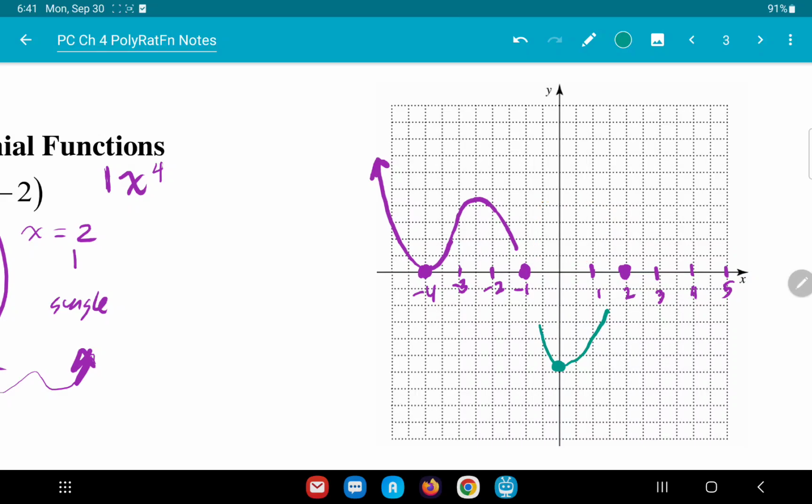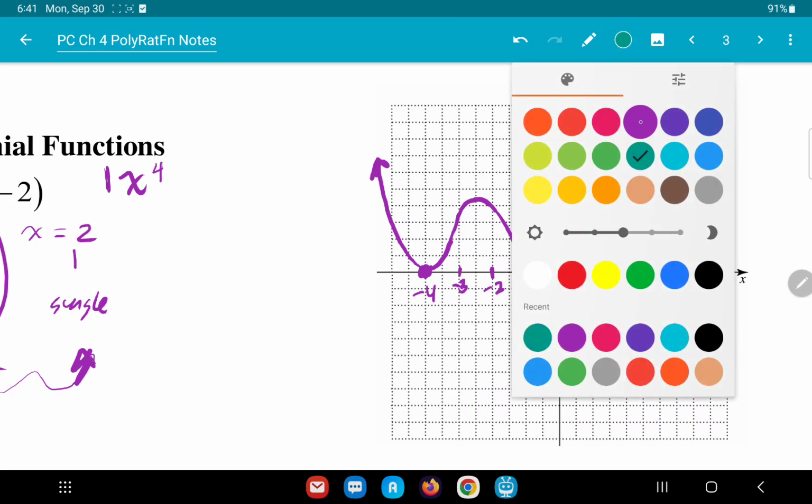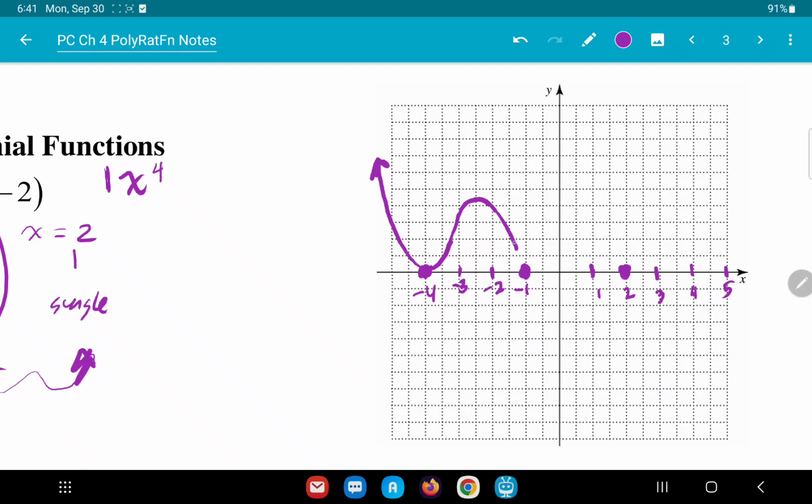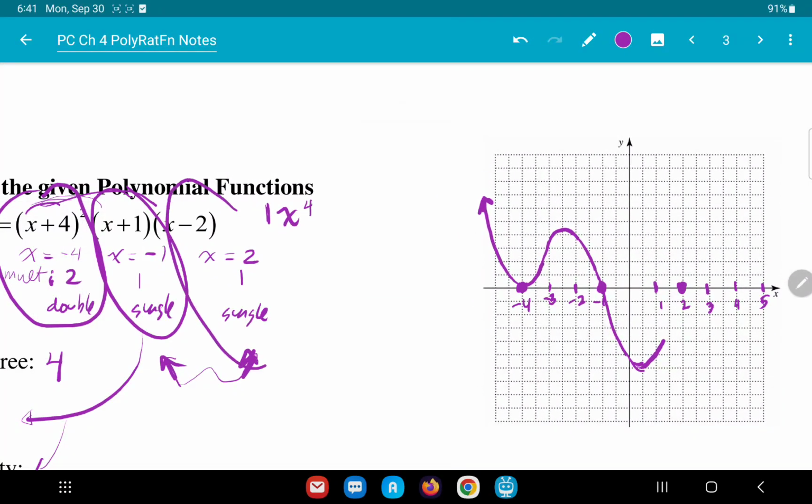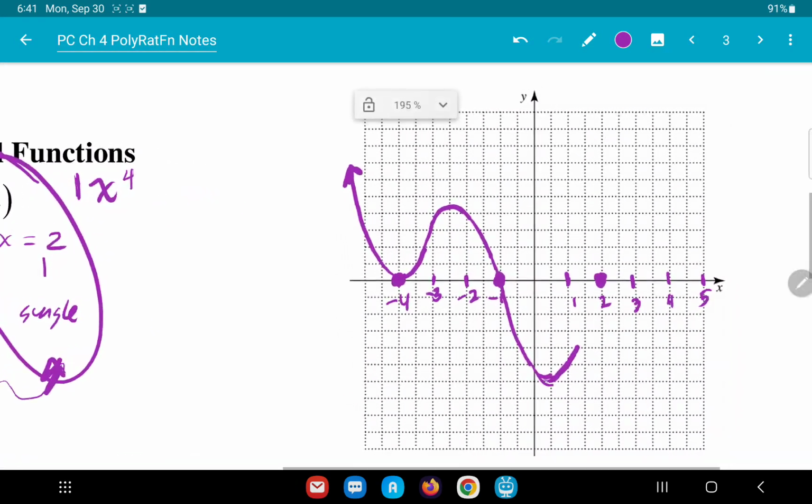So if you were to graph this symmetrically and just make the graph go nice and smooth, you'll notice the graph will go down, and it will keep going down, right? But then it'll go down a little bit further, and then finally come back up so that it can go to that value of 2, which is, again, another single root. So we're going to go up through and then pass through 2, just like that.